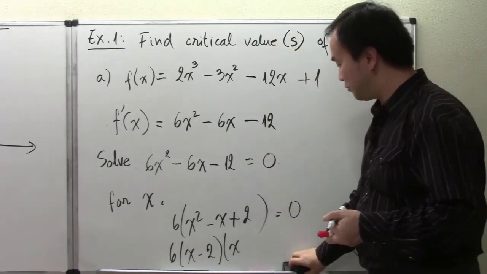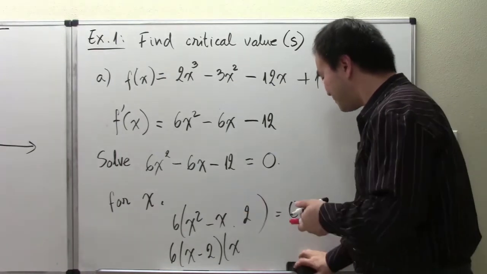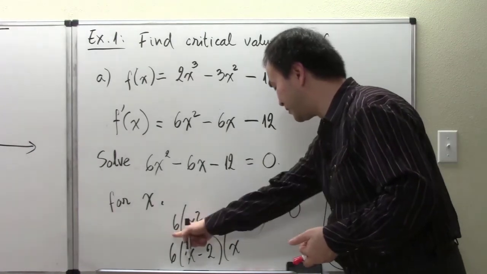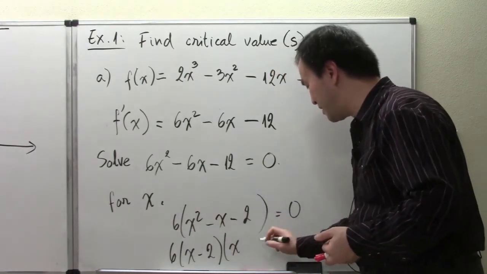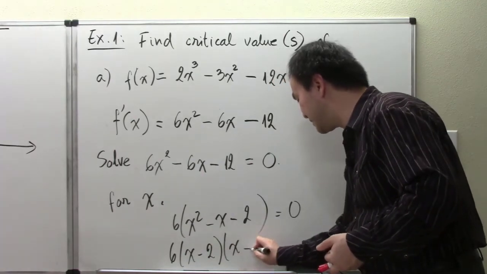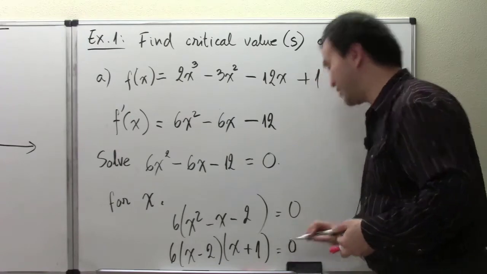Okay, and so when it came down to this, it would be factor out the x squared minus x minus 2. And then here we're looking at the two factors, x minus 2 and x plus 1. All that equals 0.